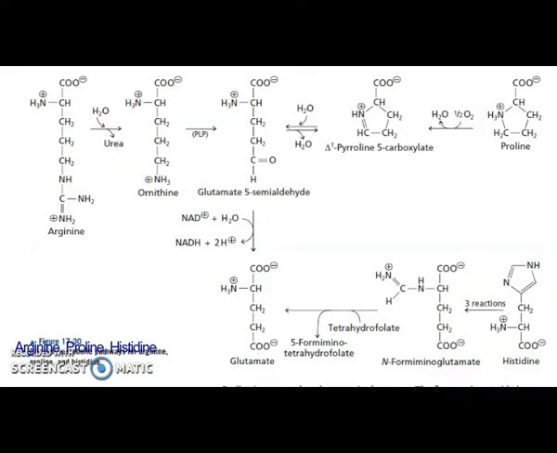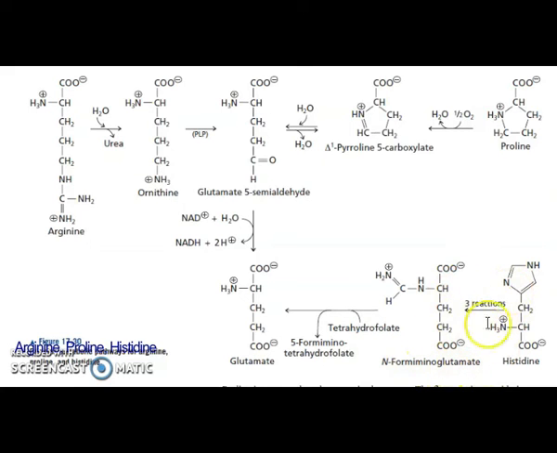The major pathway for histidine degradation also produces glutamate. Histidine undergoes non-oxidative deamination, hydration, and ring opening to form N-formimino-glutamate.